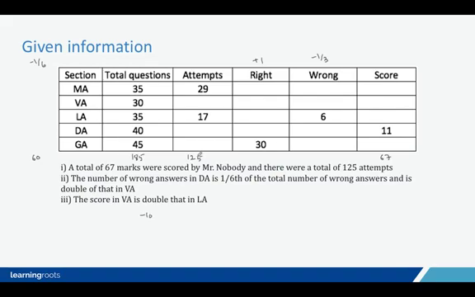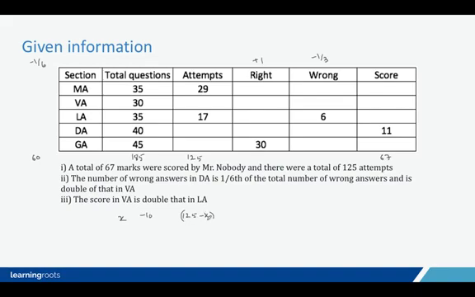Also, he would have attempted some questions, out of which a few would have been right and a few wrong. Let's say the number of questions that he got right were X, then he would have scored X marks for these. Also, the number of questions that he got wrong would be 125 minus X, because the total number of attempts is 125, and either you get it right or you get it wrong.